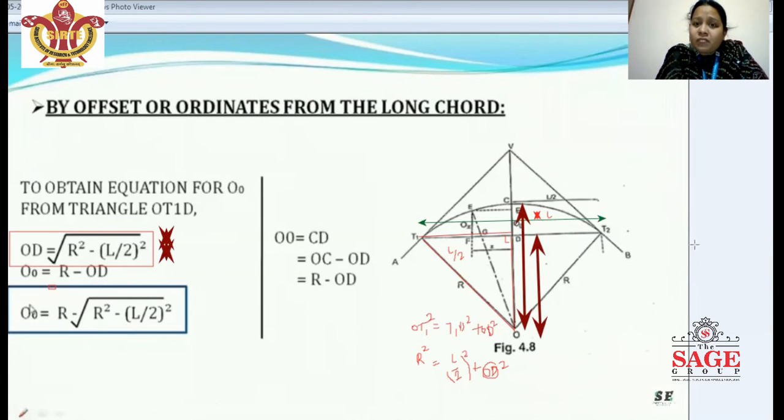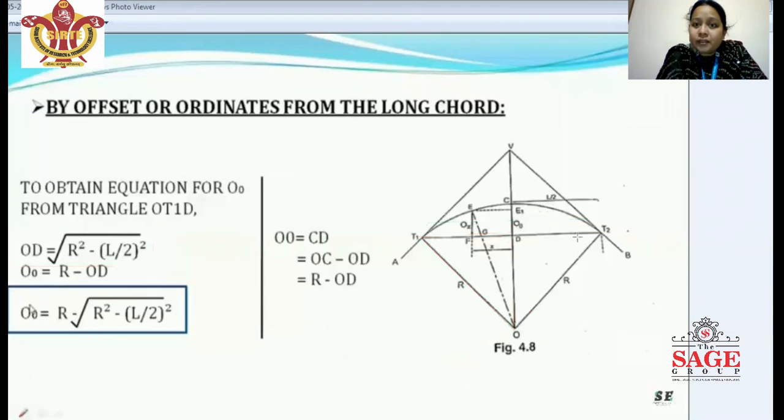So simple, what we have to do, if we find out the value of CD, we have to subtract CO, that is OC, that is capital R, minus OD, that is the value of this. So simple, the O dash value, CD value is R minus OD.